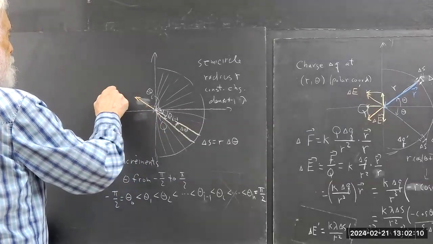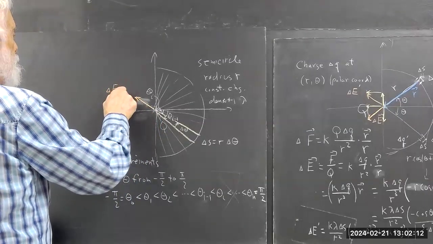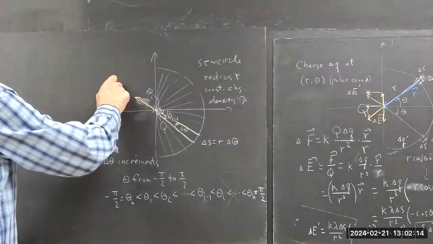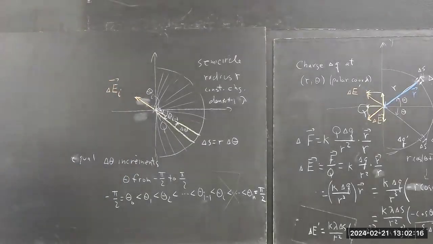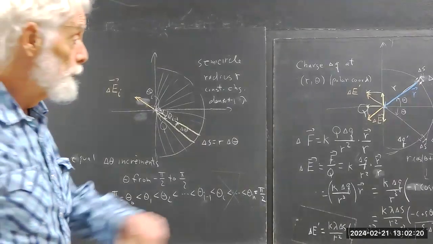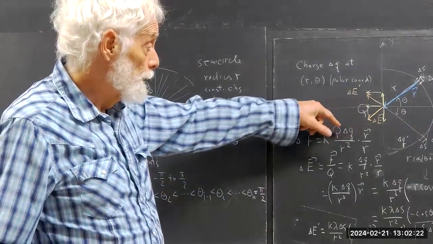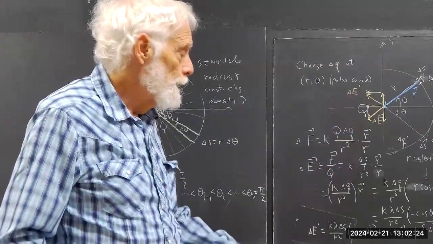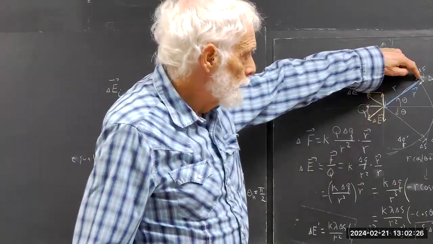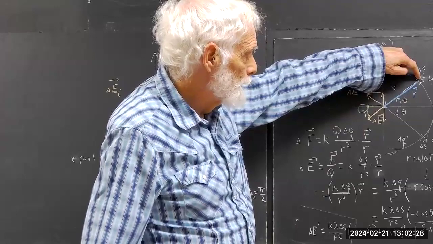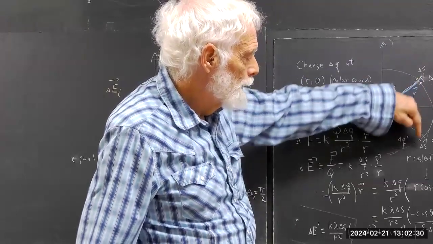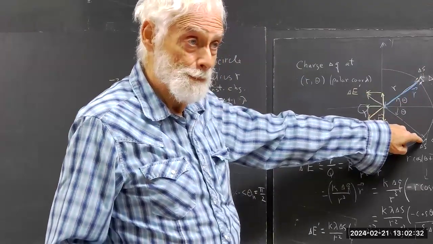And this will be delta E sub i. We've seen in terms of this picture, I think we can still see that for any delta S on this side, we can have an equal delta S on the other side.